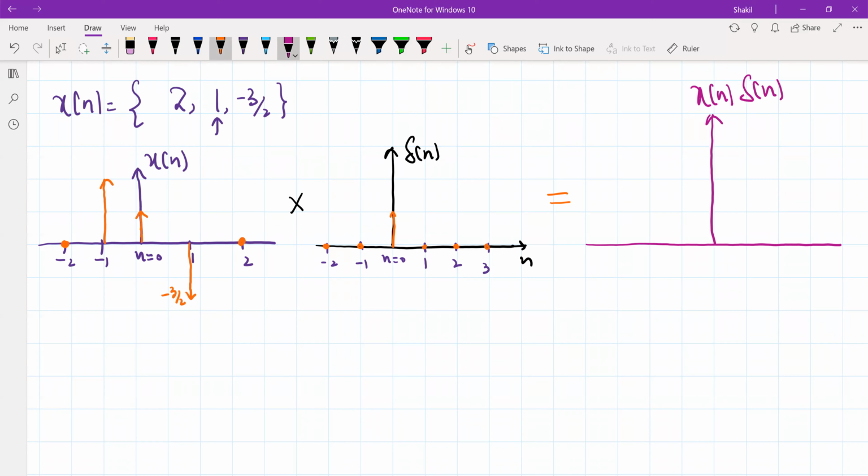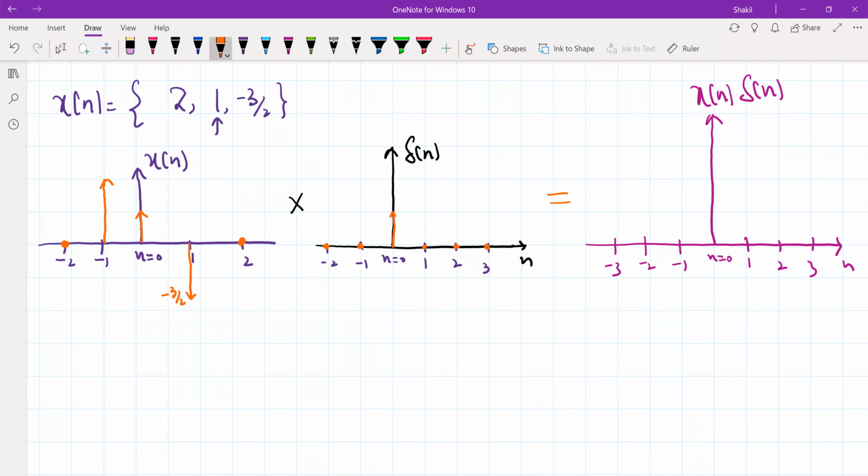Let me first mark these: n equal to 0, n equal to 1, 2, 3, similarly n equal to minus 1, minus 2, and minus 3. Now, when we multiply the corresponding sample values of x of n and delta n, that's the meaning of multiplication. So if you multiply delta n with x of n, what will we get?